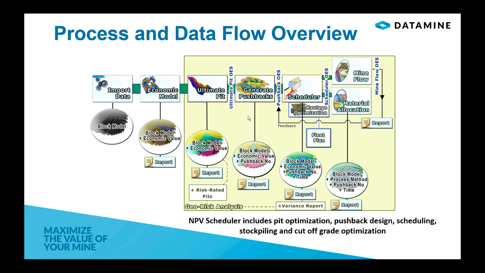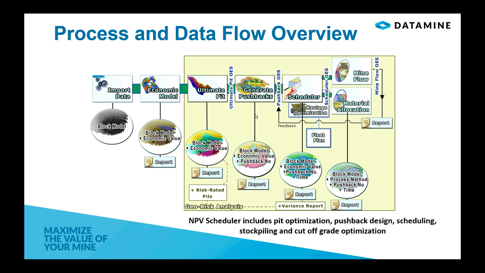Next stage, generating pushbacks. We are defining the inputs, and as a result, we create a series of optimized pushbacks that later we can schedule. The scheduler allows using pushbacks generated within NPV Scheduler, or we can also import pushbacks designed in another general mining package if they can be scheduled.